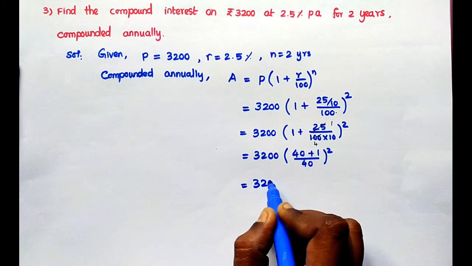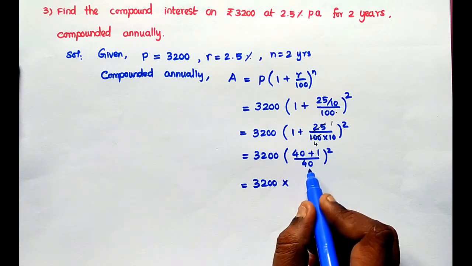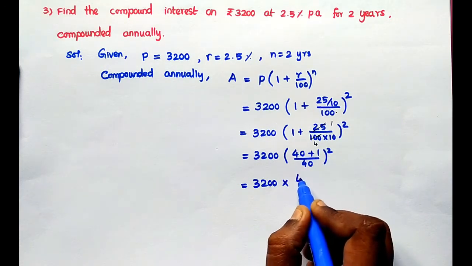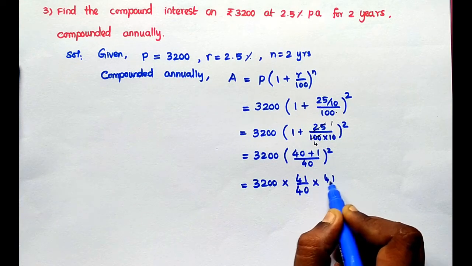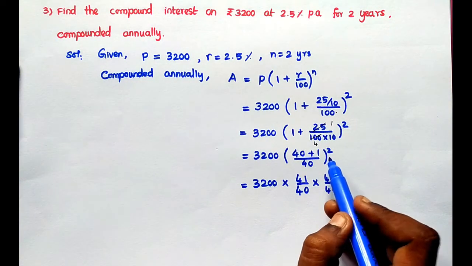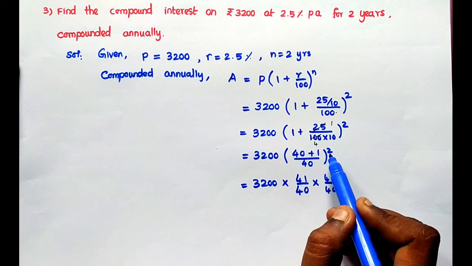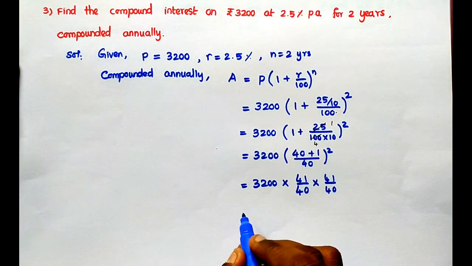Now 3,200 into 41 by 40, again 41 by 40. Why? Because the power is 2, so multiply this number 2 times.